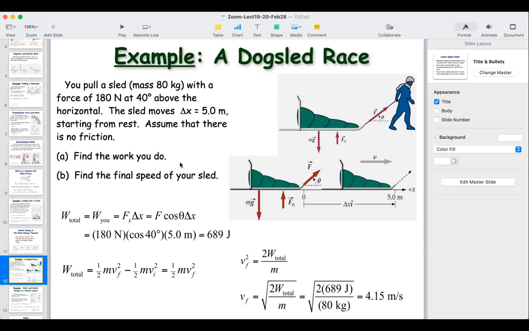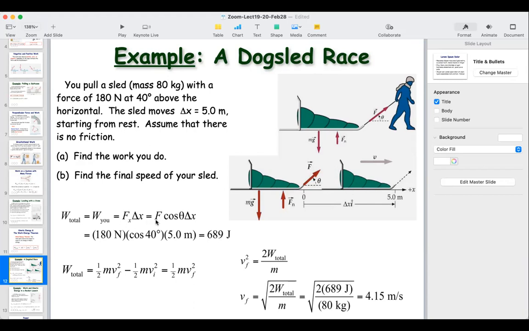Find the work you do. Is there any work done by the weight and the normal force? No, because there is no displacement along y. The displacement is only along x. So these two we essentially do not care about. We only consider the component of the force along x.